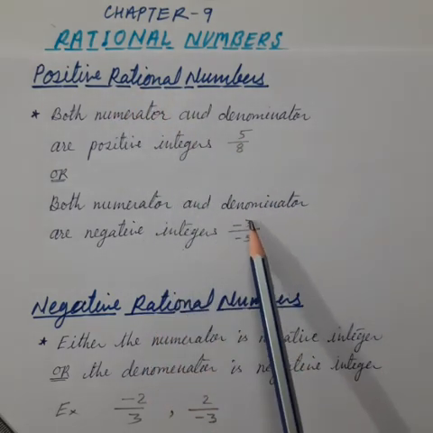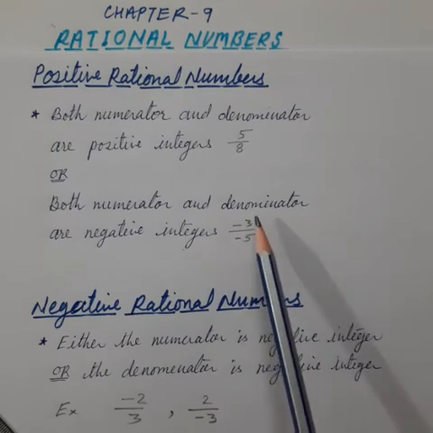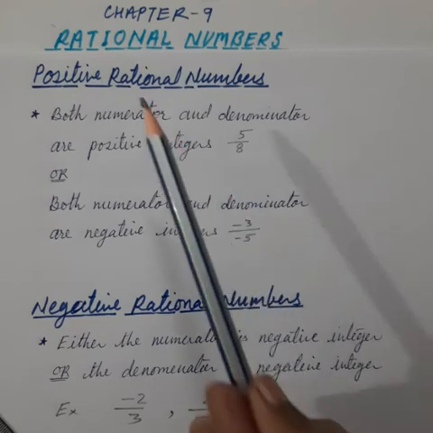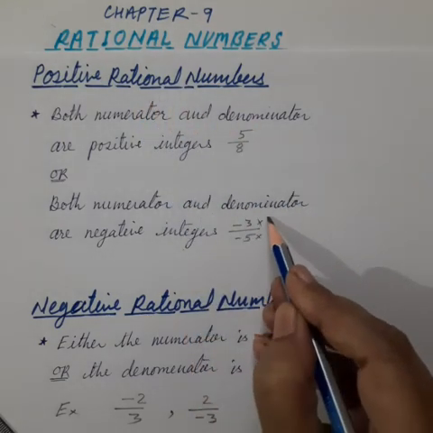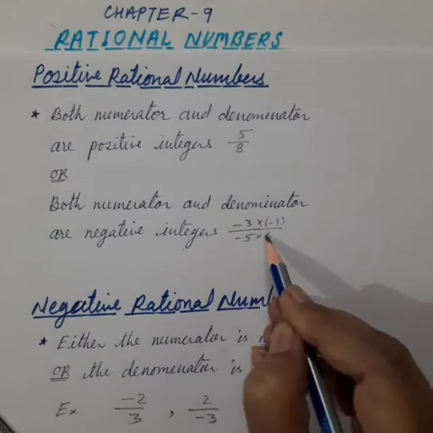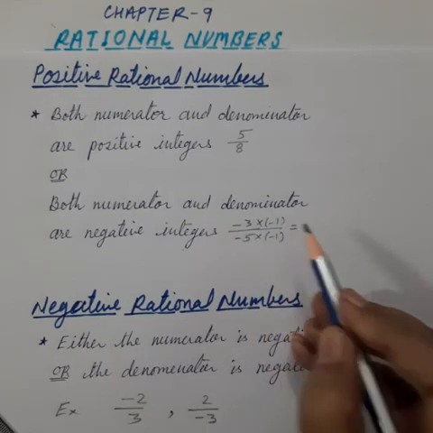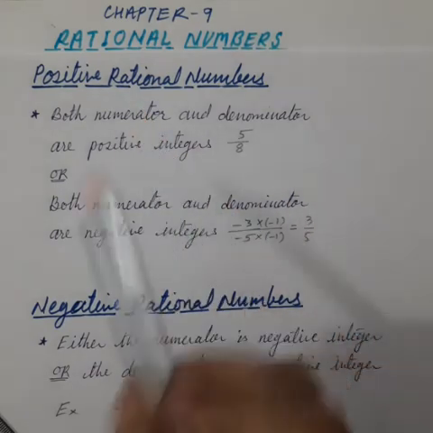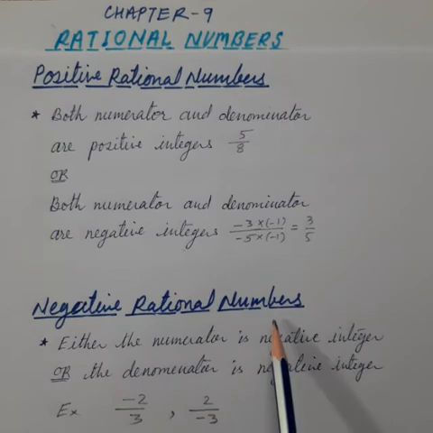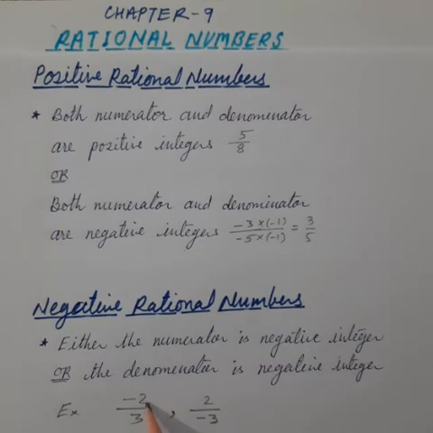If both numerator and denominator are negative integers, then also the rational number is a positive rational number, because when we multiply both numerator and denominator by -1, we get the positive rational number. In negative rational numbers, either the numerator is a negative integer or the denominator is a negative integer.